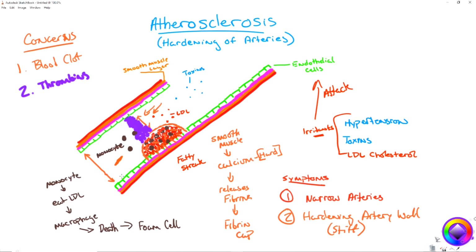So if they get stuck in a coronary artery, they're going to cause an MI. If they get stuck in a carotid artery or a brain artery, they're going to cause a stroke. If they get caught in a kidney artery, they're going to cause kidney failure. These are just as bad as these blockages that could form from the actual tearing off of that fibrin.